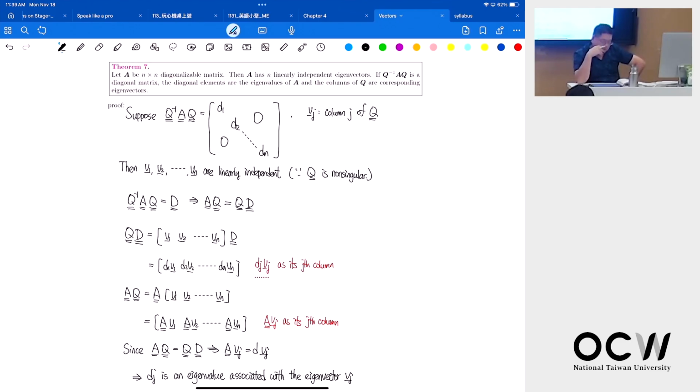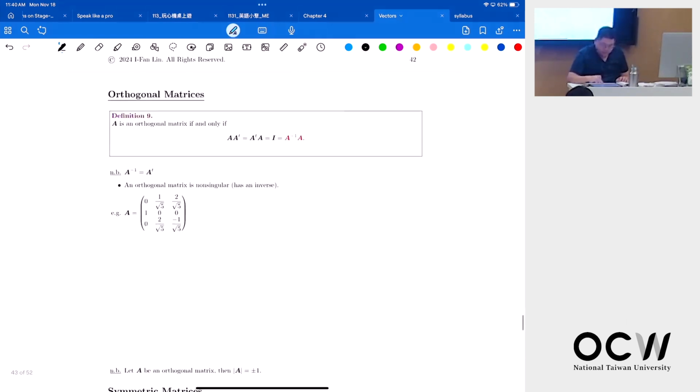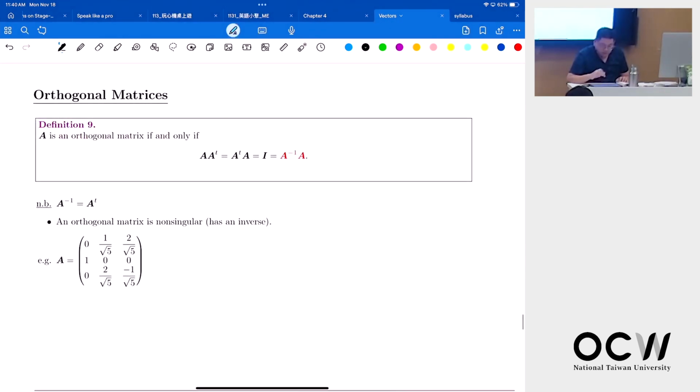But before that, we still have some concepts that you should know, and you should know some different special matrices. Now we are going to talk about those matrices. The first one is orthogonal matrices.